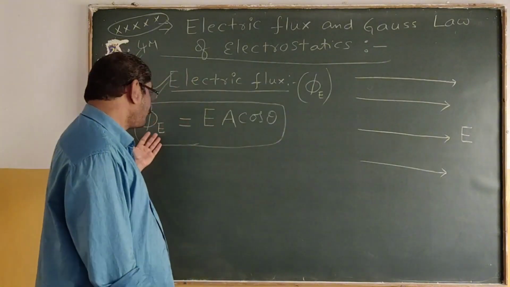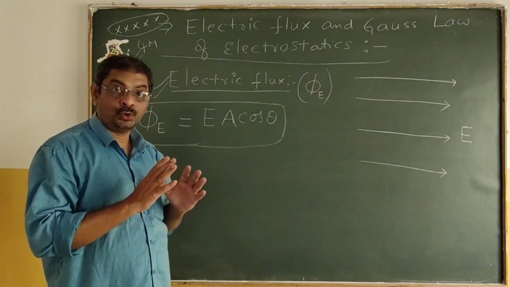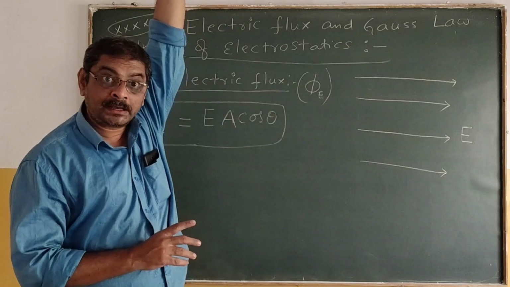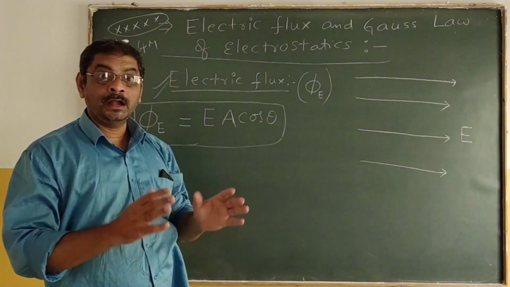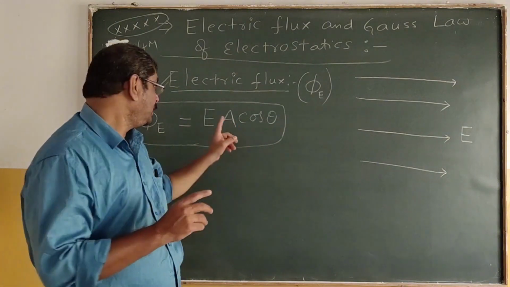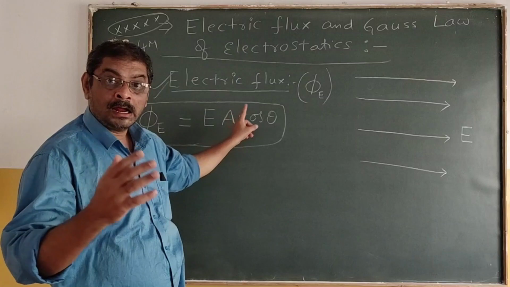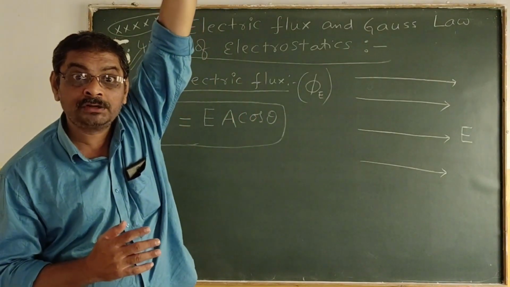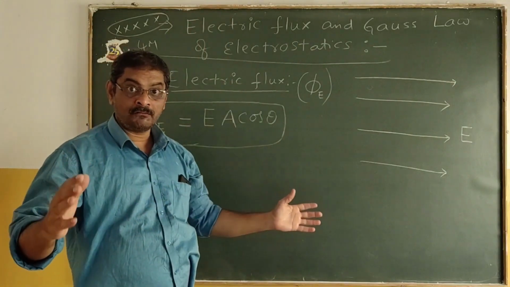So phi E will be numerically equal to EA cos theta, where capital E is the electric field vector, A is the area vector, and theta is the angle between the field vector and the area vector.